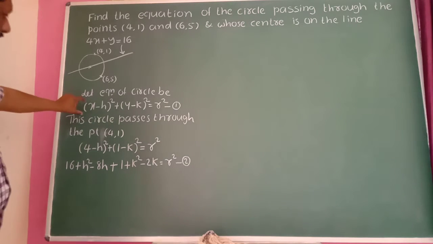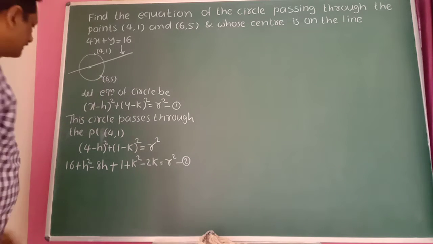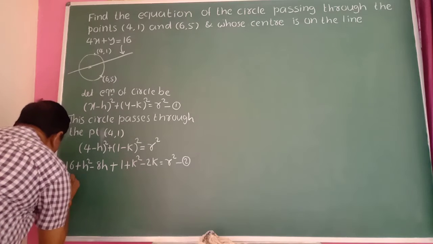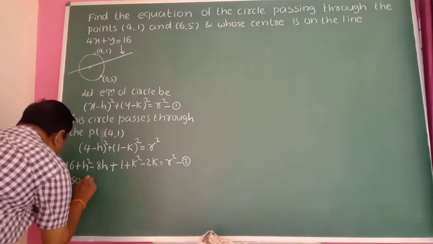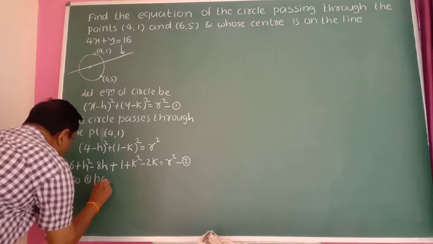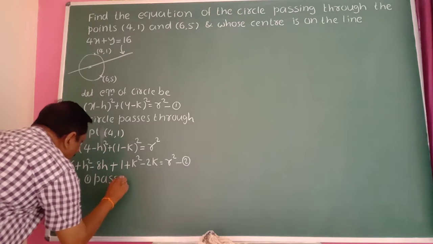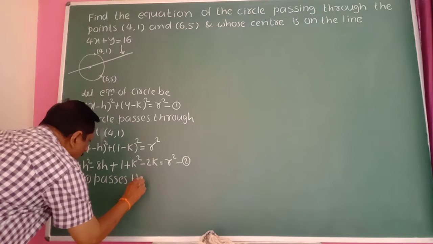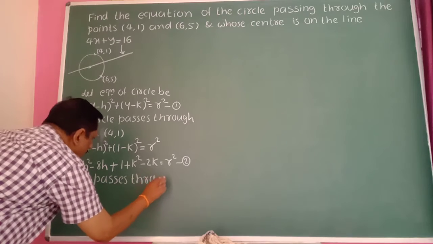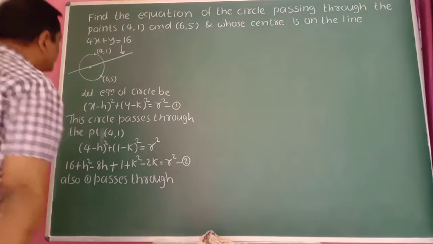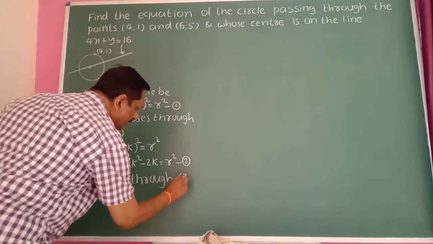Also the same circle passes through the point (6, 5).